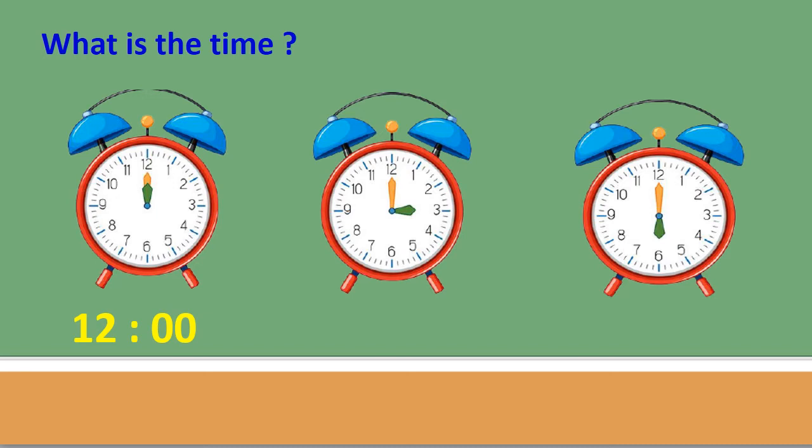In digital form, it means 3, 0, 0: 3 for hours, 0, 0 for minutes. In the last clock here, the short hand points to 6 and the long hand points to 12. So in digital form, it means 6, 0, 0: 6 for hours and 0, 0 for minutes.